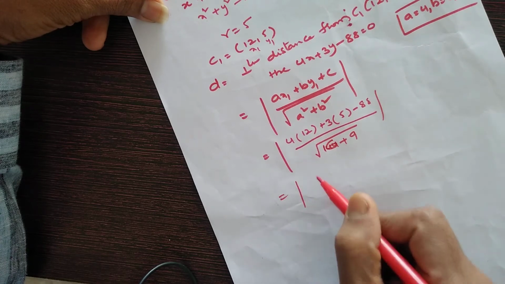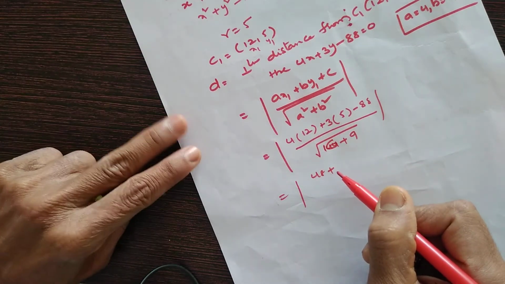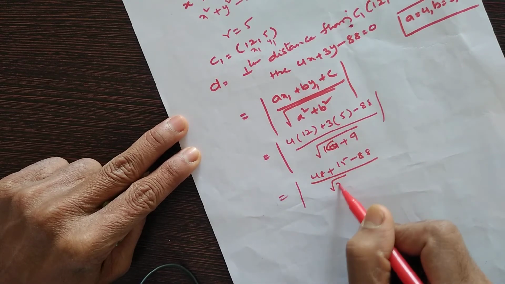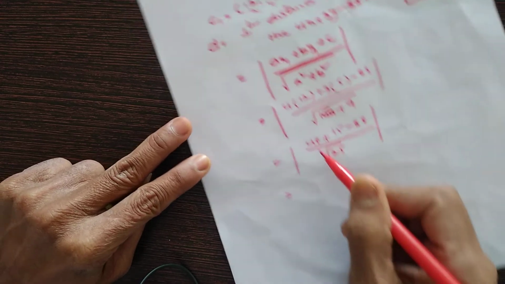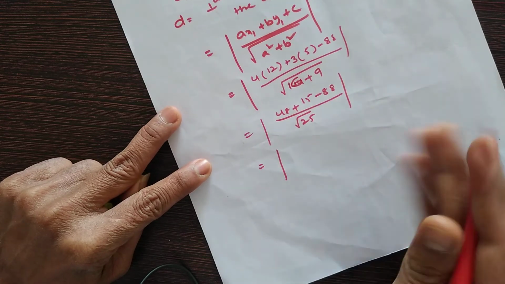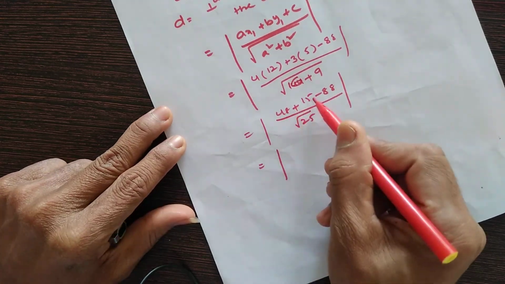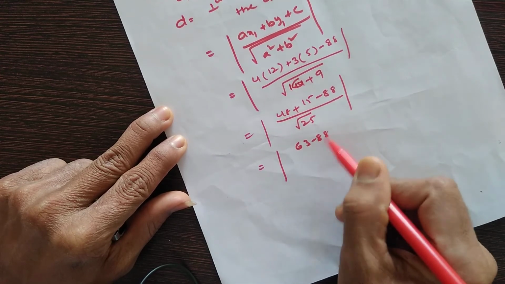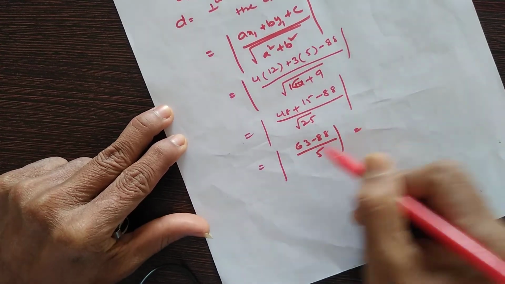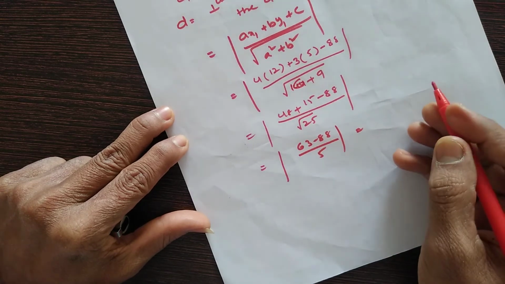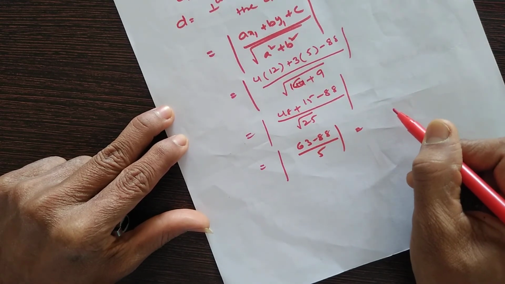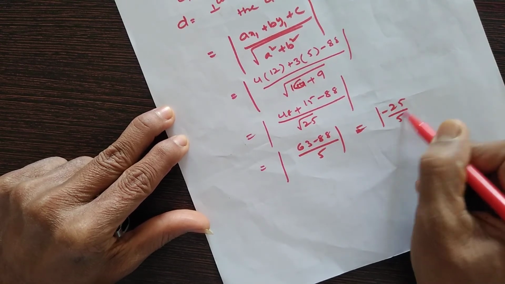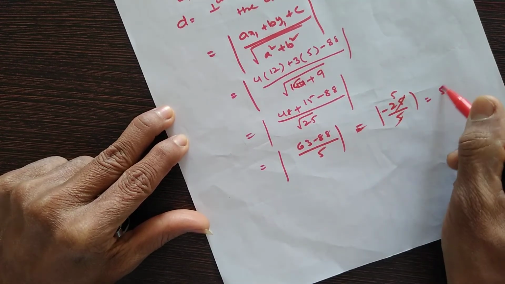So 48 plus 15 minus 88 by the square root of 25. Simplify: 63 minus 88 by 5. So 88 minus 63 is 25, and 25 by 5 is 5. The modulus means positive only.